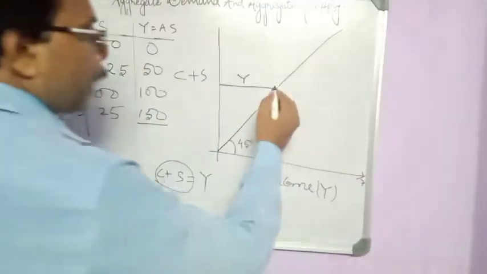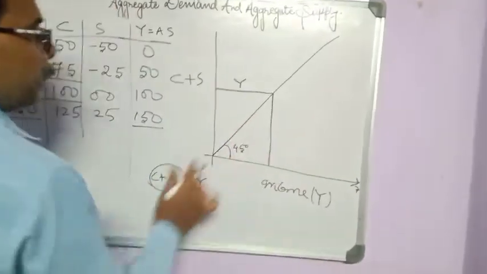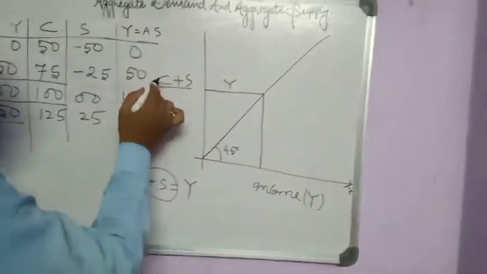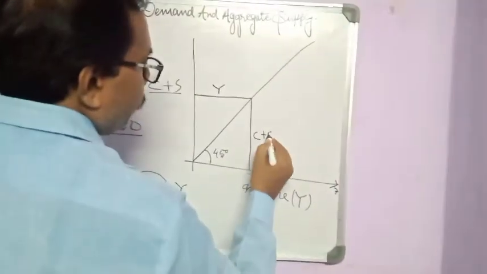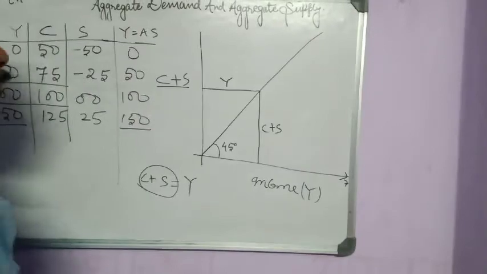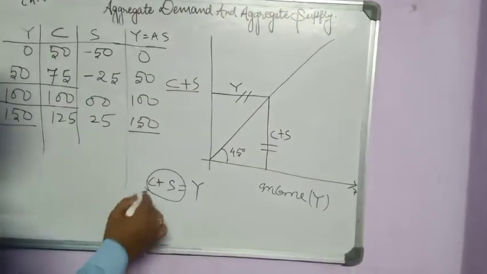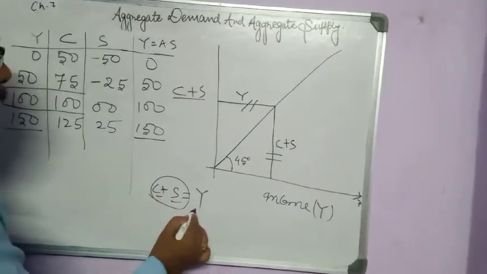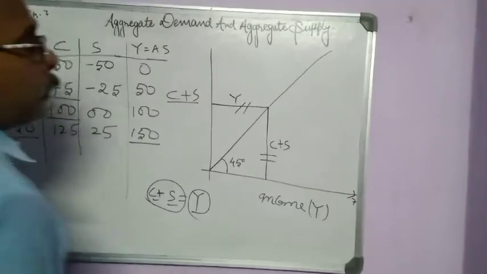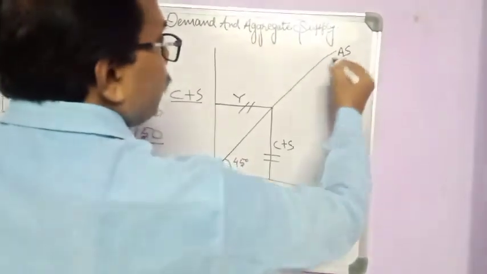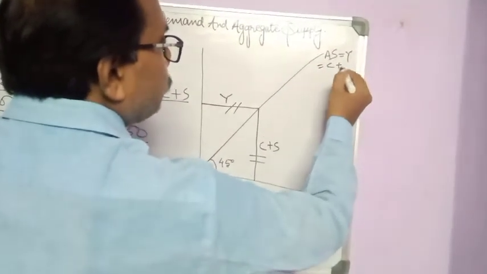And if we draw a line vertically, that is the C plus S, meaning it indicates consumption plus saving. So this line will always be equal to this line, because consumption and saving will always equal Y. Clear? Now here we will either write AS, or we can write Y, or we can write C plus S.